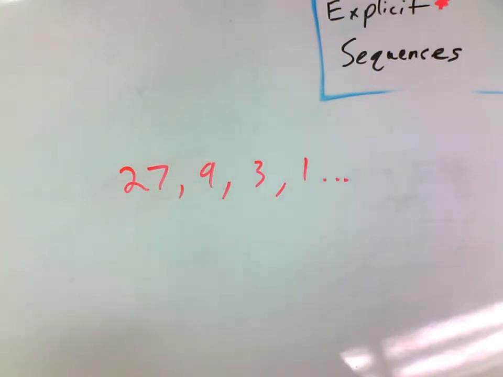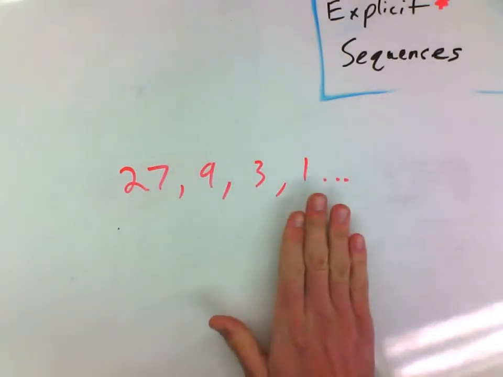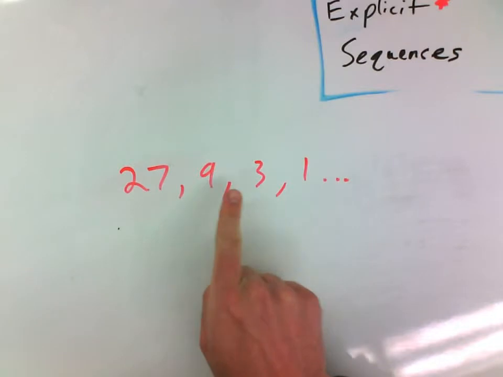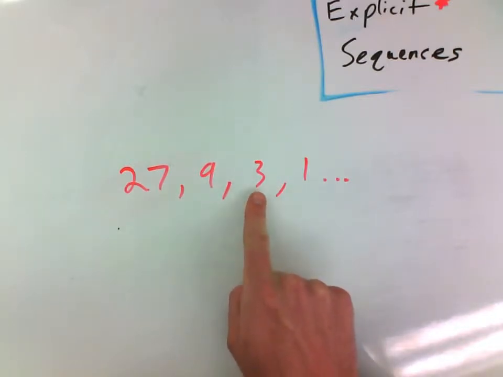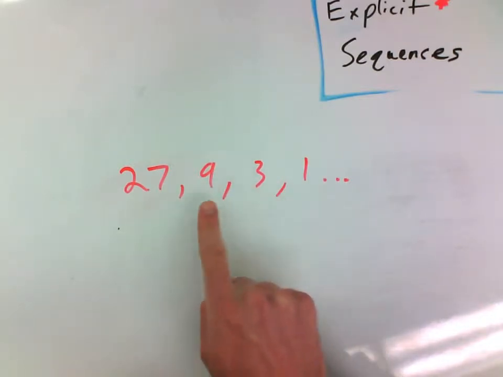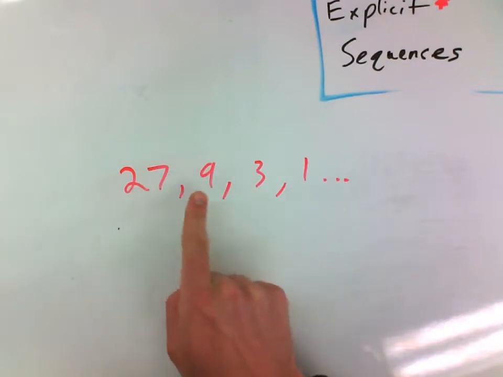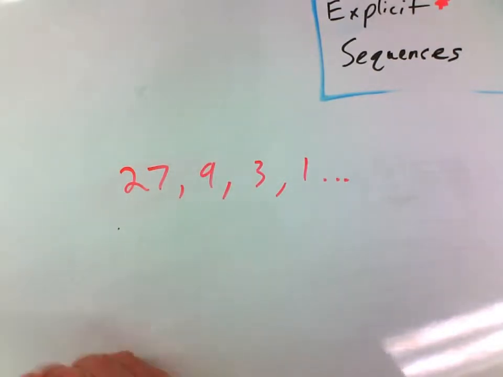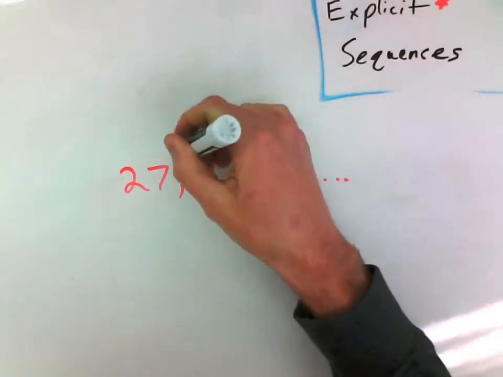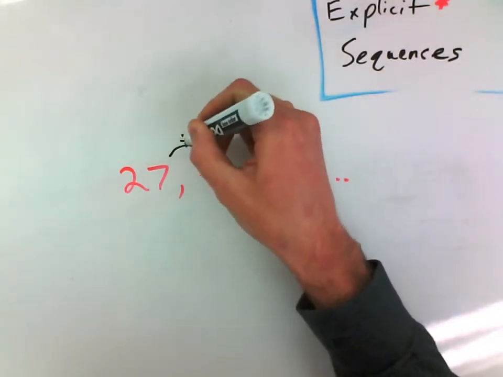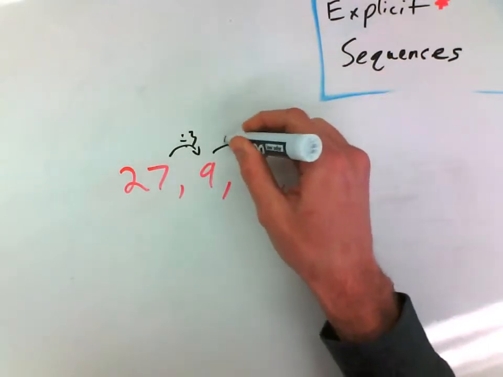I can tell that this is going to be geometric, right? Because this doesn't go down by the same amount each time. Like here, if I subtract these two, it's only going down 2. This one's going down 6. This one's going down, well, more than 6, right? So it's going down by some constant factor. One way that a lot of people see this is it's dividing by 3 each time, right?